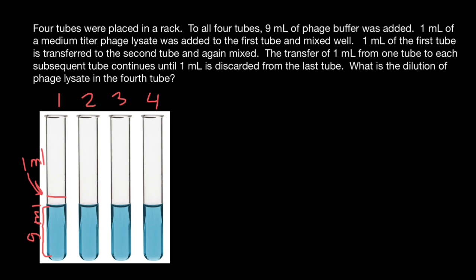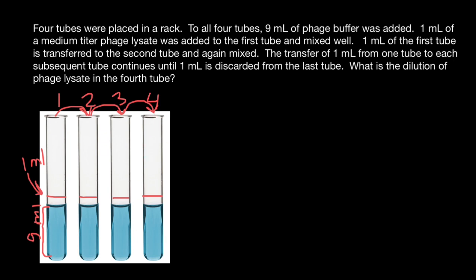Then we add 1 milliliter of the solution from test tube number 1 to test tube number 2. Again, we also have 10 milliliters here. Mix well and take 1 milliliter and add to test tube number 3. Again, mix well, take 1 milliliter from test tube 3 and add to test tube 4. And again, we have here 10 milliliters.